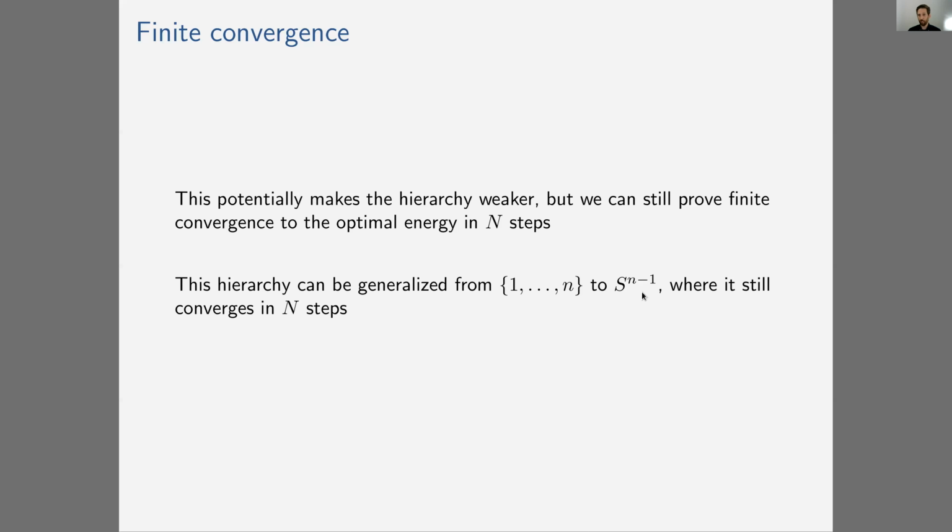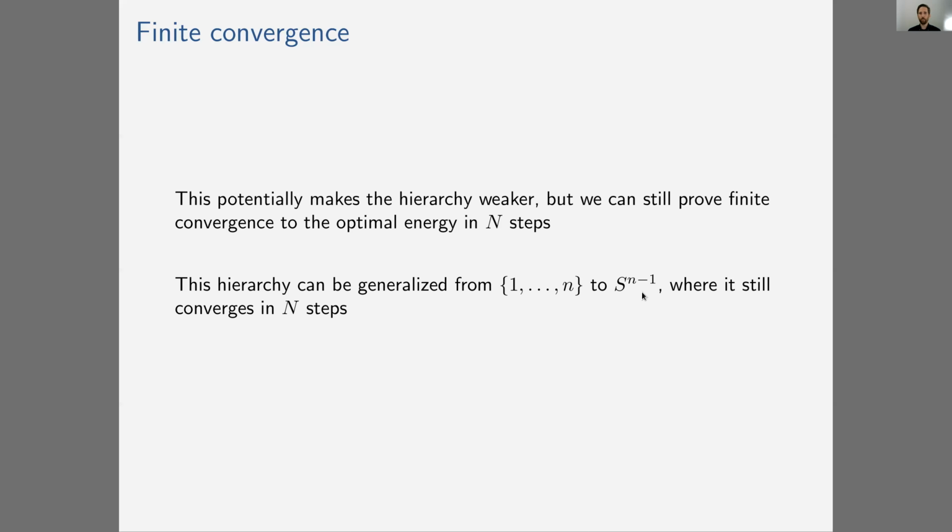So even though, strictly speaking, the hierarchy might be weaker, at least at all levels except for the last one, it doesn't seem to be a big problem because you still get convergence. And I really don't know if it's weaker. I would guess it's actually not weaker, but I haven't been able to prove it.